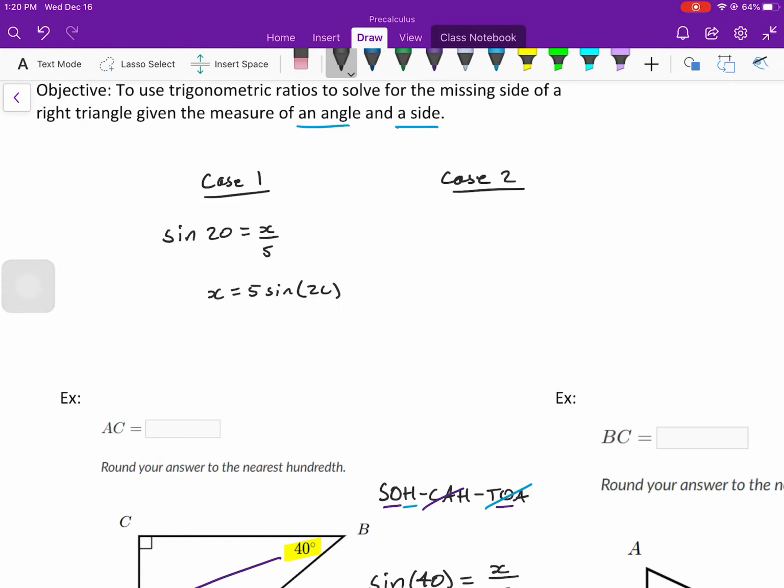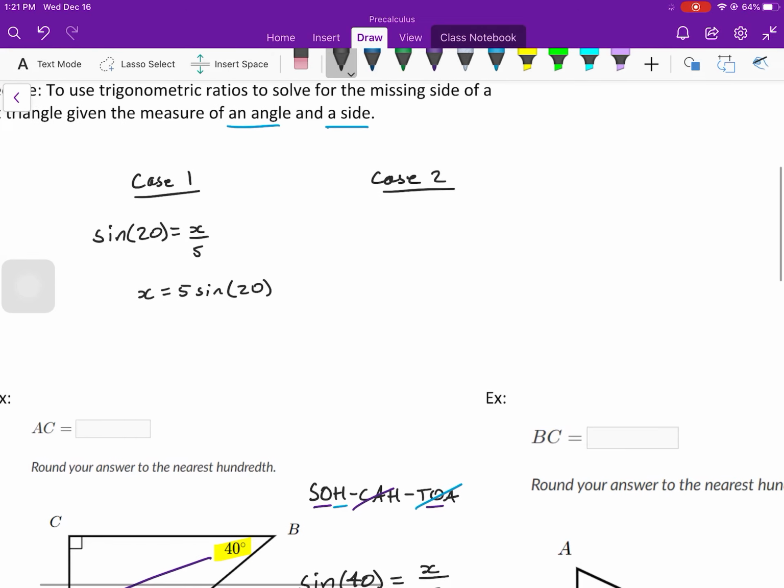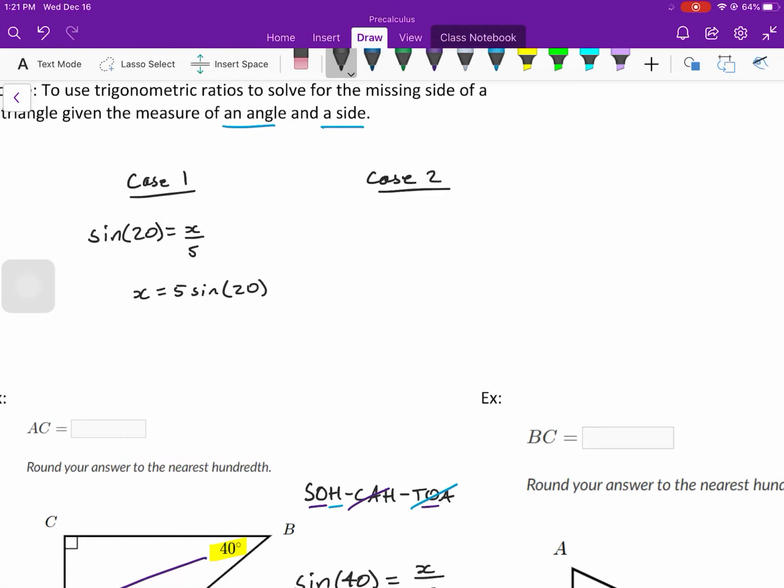I'm going to put parentheses around the 20. I forgot that that's the input. You can't multiply the 5 times the 20 because the 20 is inside the sine function. It would take some identities in order to be able to put that 5 inside of there, and it won't be a 5 that's just going to multiply in there. So just simply put the 5 in front. Use a calculator at that point.